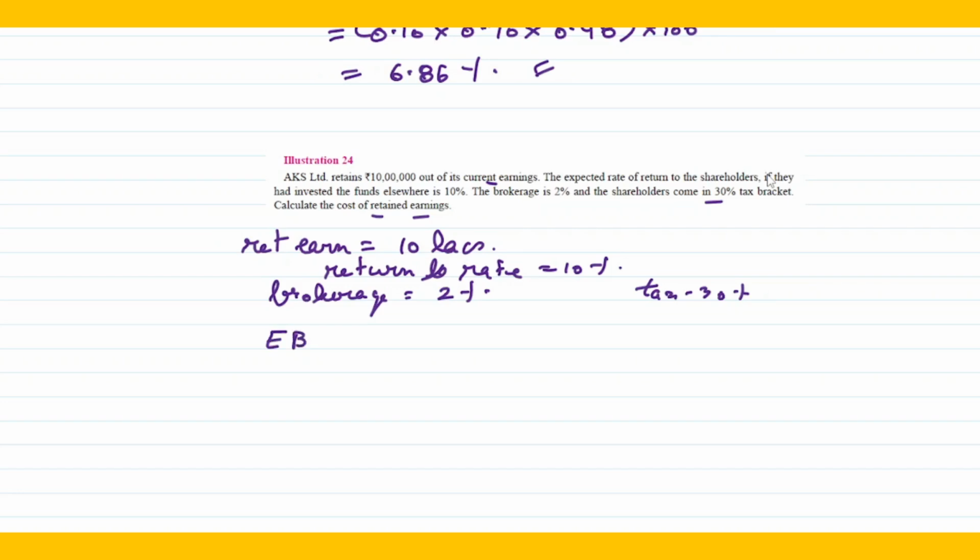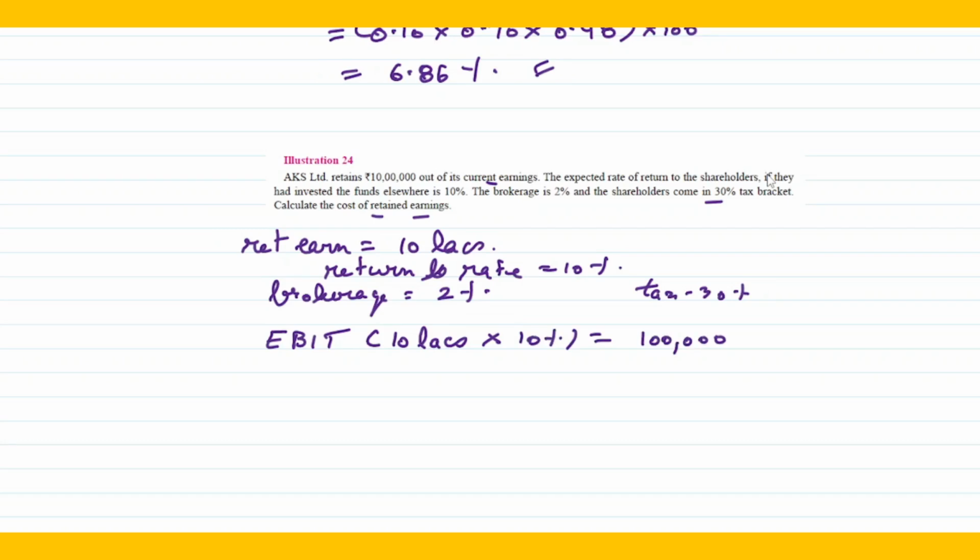This is earnings before interest and tax, EBIT, because no tax has been deducted yet, and if there were any interest component, that would need to be subtracted too. The EBIT is 10% of the 10 lakhs, so this value comes as 1 lakh.